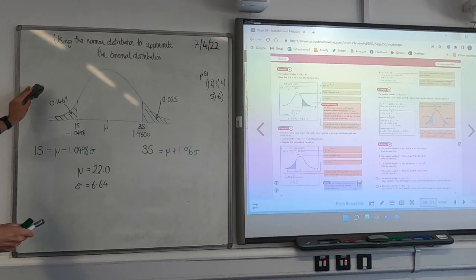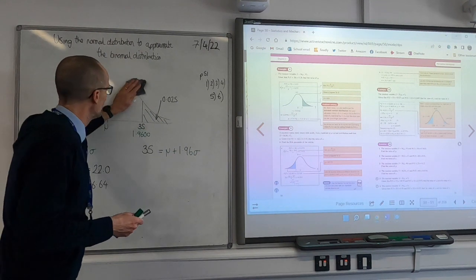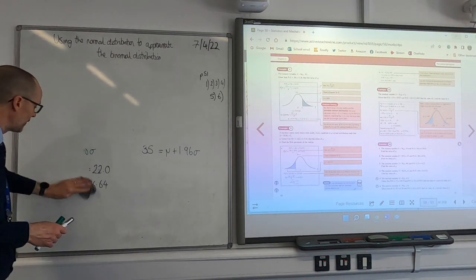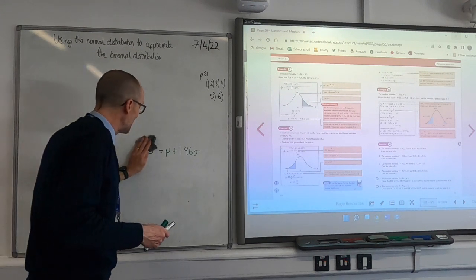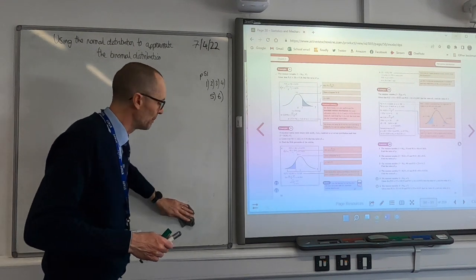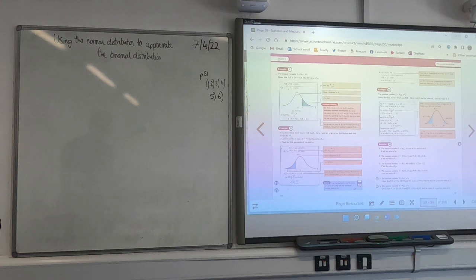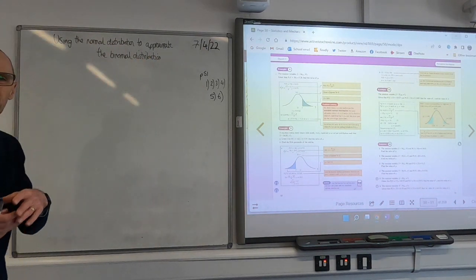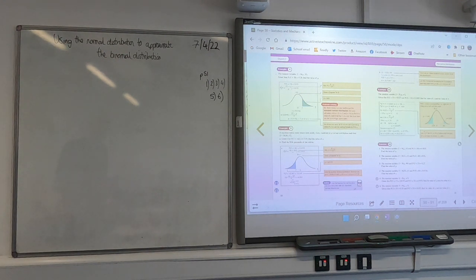But in the old days, when we used to look up binomial probabilities in tables, they didn't go any further than n is 50. So if you were doing something more than 50 times, you couldn't work out the binomial probabilities. These days, n can be whatever we want. So this is yet another place where they are just expecting us to solve some problems and do some sums.